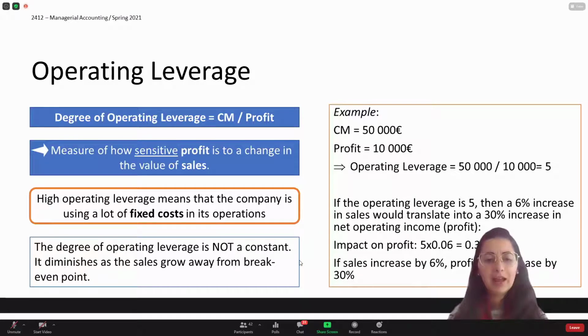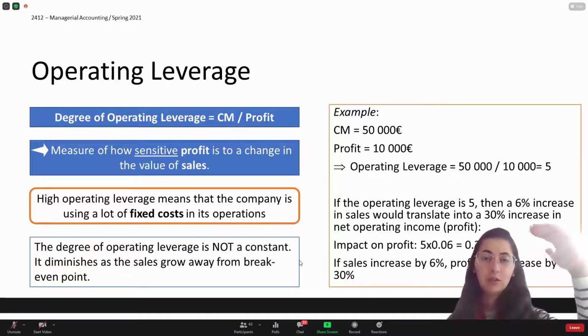So basically, when we have a high operating leverage, it means that the company is using a lot of fixed costs in the operations. If we look at the formula, pay attention, the formula is contribution margin divided by profit. Remember the structure of the P&L with the contribution margin format.